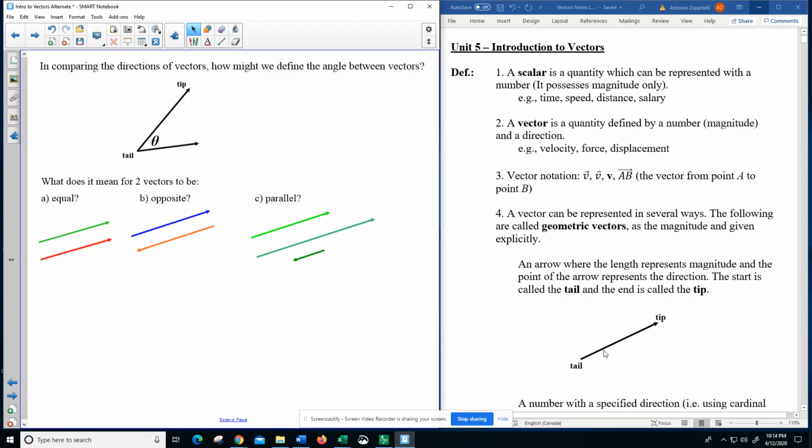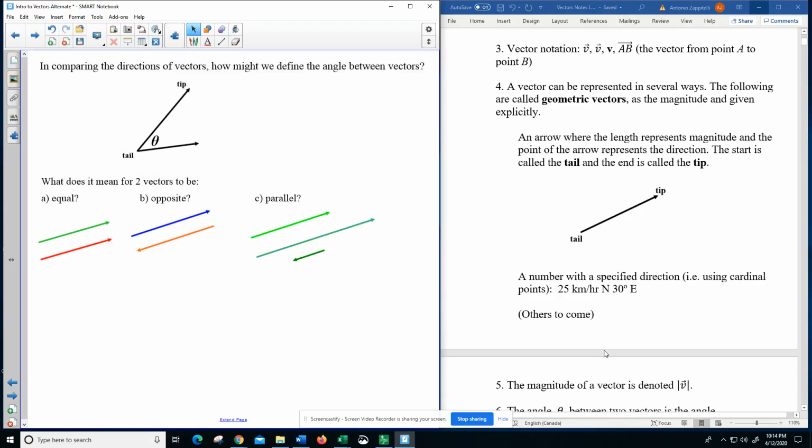All right? So we have an arrow representing the vector going from tail to tip. Now, this is a very nice, and I used the word pictorial before, it's a very nice way of representing this idea of a vector visually. But unless you're going to only be working with rulers and perhaps protractors to solve problems, it's not a very algebraic, not a very numerical way of representing vectors.